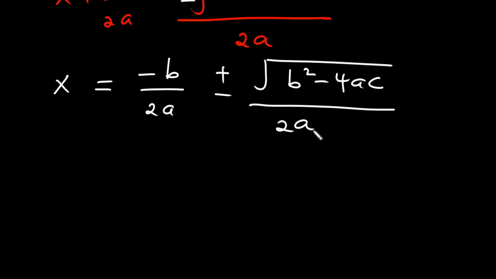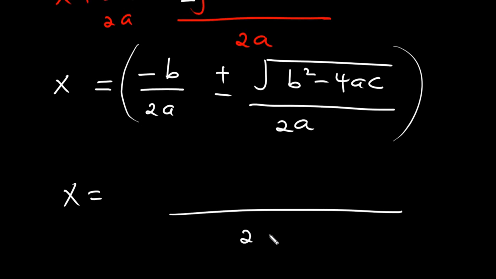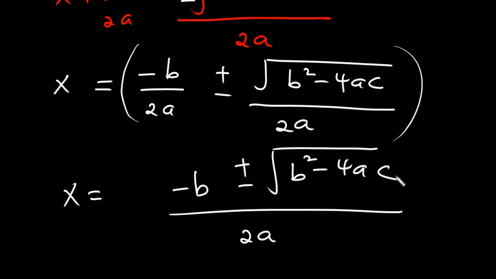So what does that mean? We can put this together under a common denominator, that is 2a. So 2a divided by 2a is 1, so 1 times negative b is negative b, and then plus or minus the square root of b squared minus 4ac.